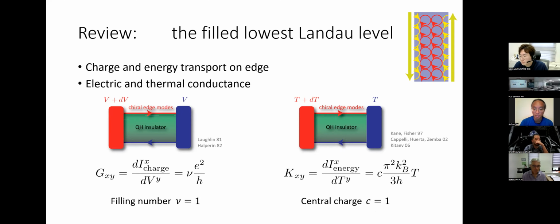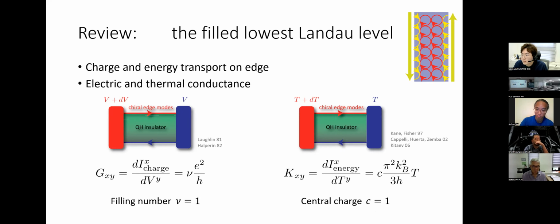One is the filling number, which attributes to its electric charge-conserving topology, and the central charge is a quantity that concerns the energy or the time translation symmetry protected topology.